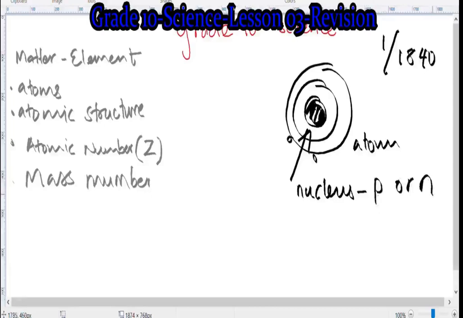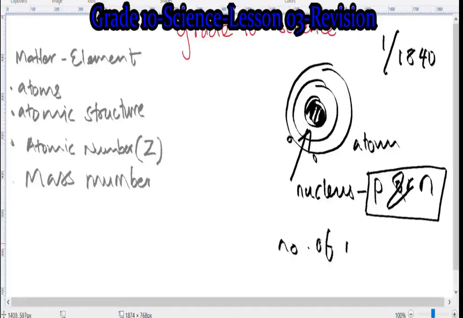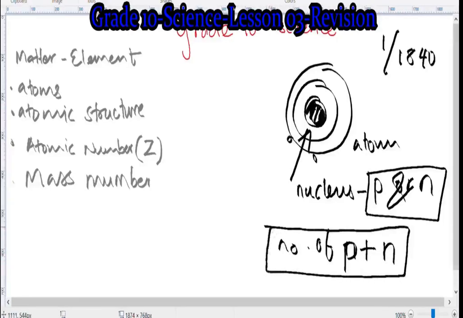So the mass of an atom is given by the proton and the neutron. So therefore the mass number is the number of protons plus neutrons together. Okay, so that is mass number.